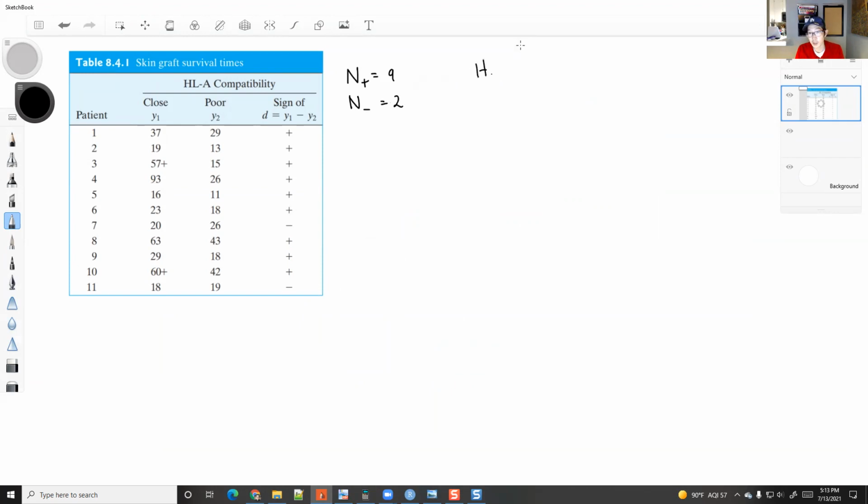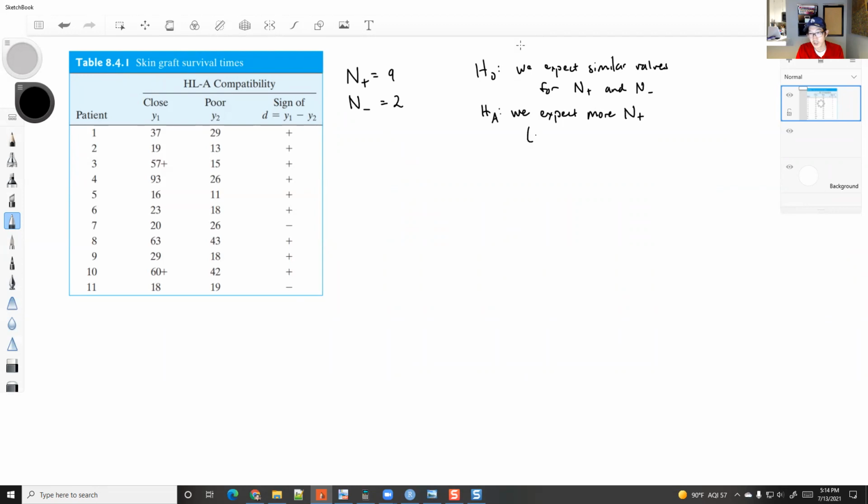And the null hypothesis is pretty much we expect similar values for n plus and n minus, okay? And then the alternative is basically, these are not really good hypotheses, but here we're basically expecting more n positive.